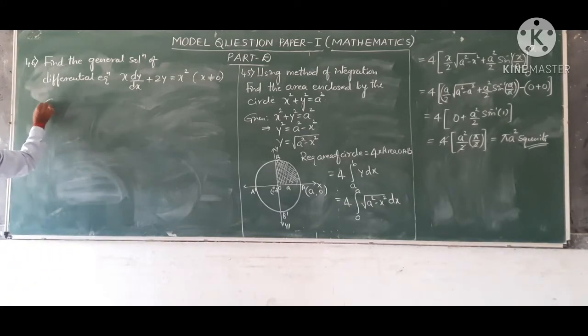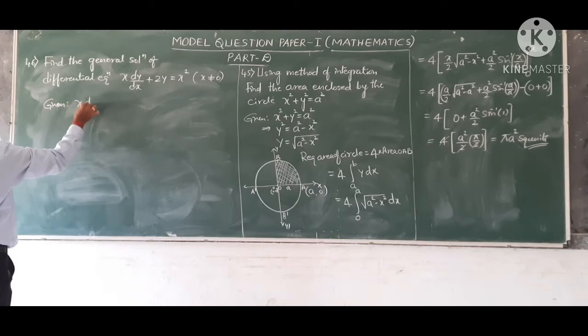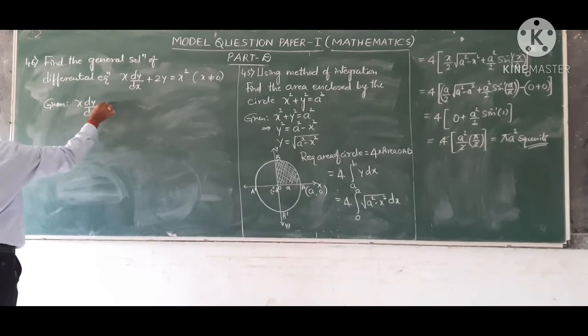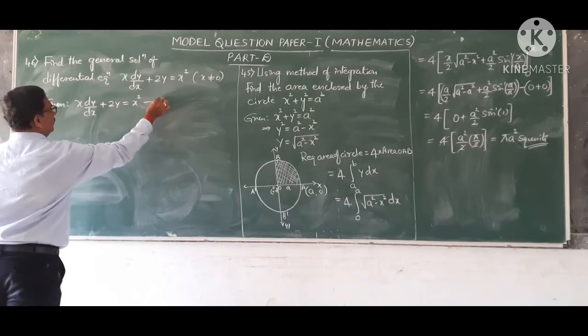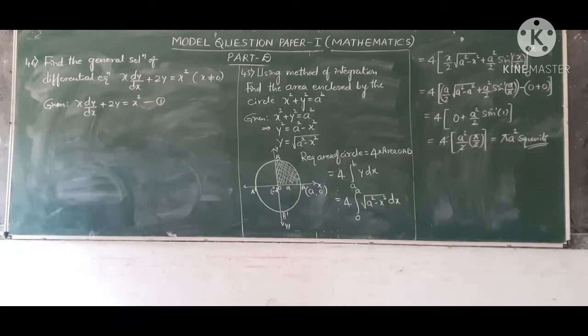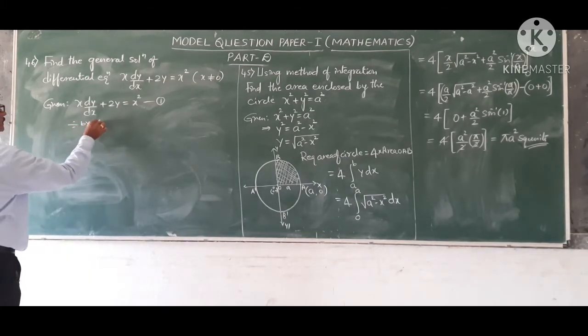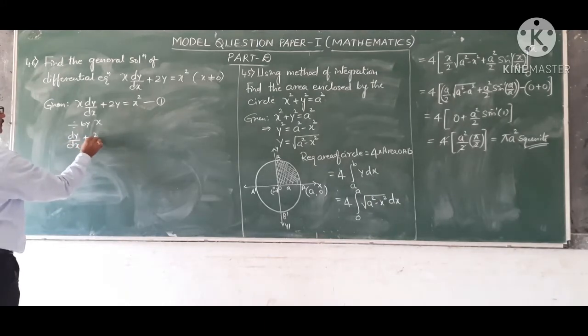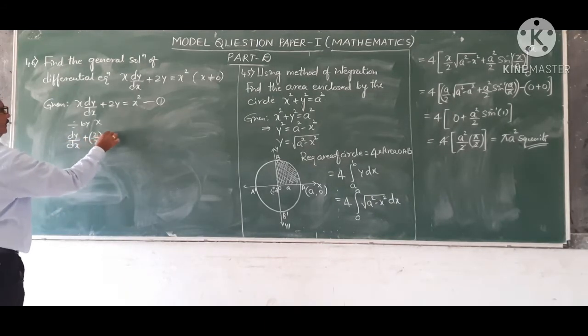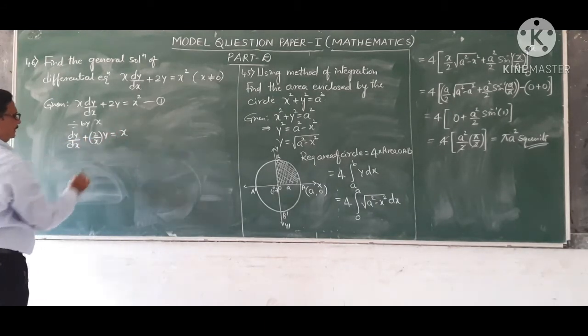Okay. Now here verify whether the given data is in the form of a linear differential equation, like dy by dx plus py is equal to q. No. So eliminate x, so divide by x. See what happened? dy by dx plus 2y by x is equal to x square by x.